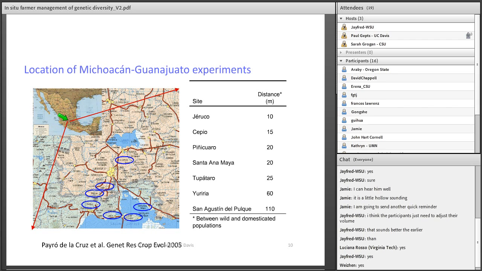And then the other domestication took place somewhere in the southern Andes, anywhere between southern Peru, Bolivia, and Argentina. And so you have southern Peru here, you have Bolivia, and then you have Argentina. And so all the bean varieties, or the common bean varieties, come from one or the other domestication.